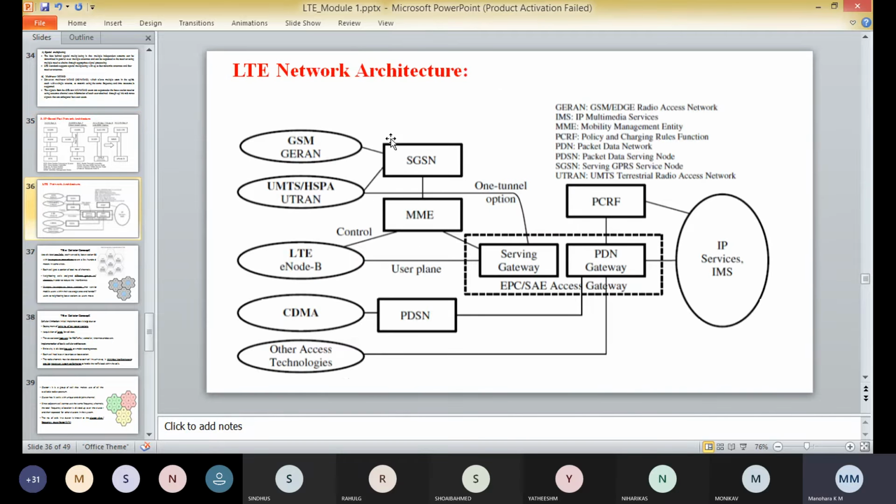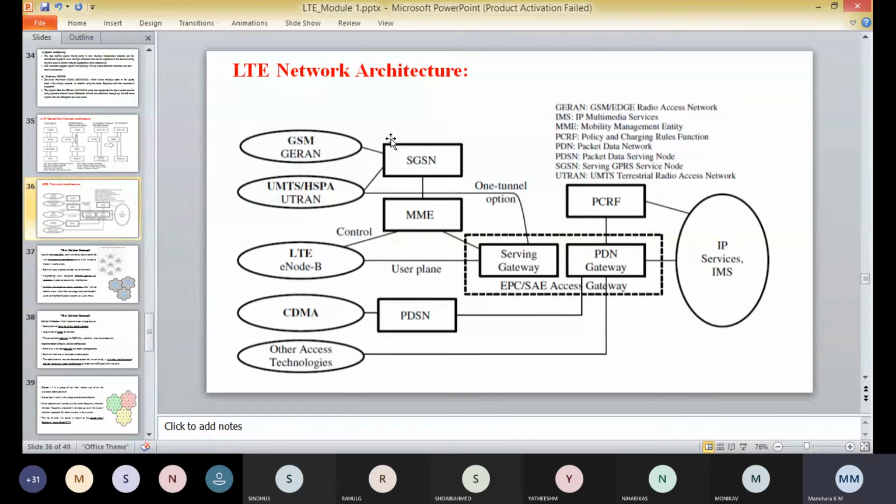Next, we have the LTE network architecture, or evolved packet core architecture. This is also very important from the view of examination. So here the core network design supported by LTE is called the evolved packet core.